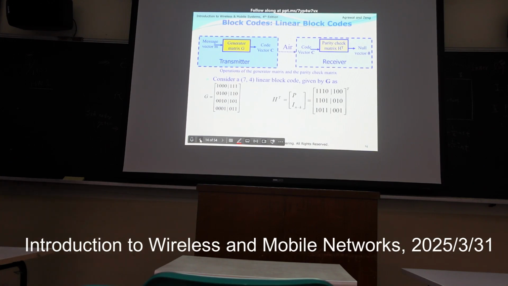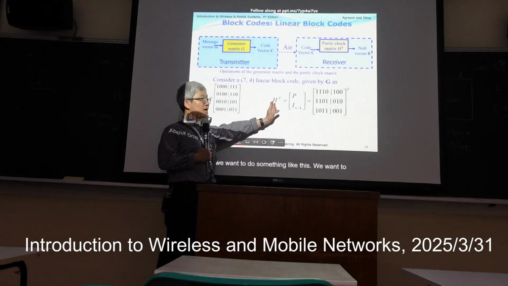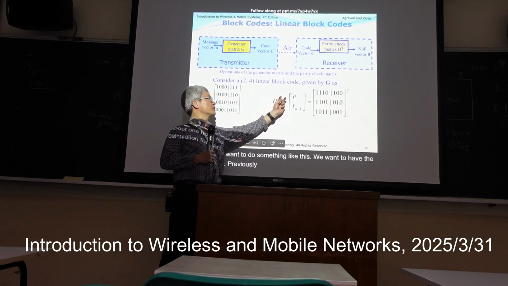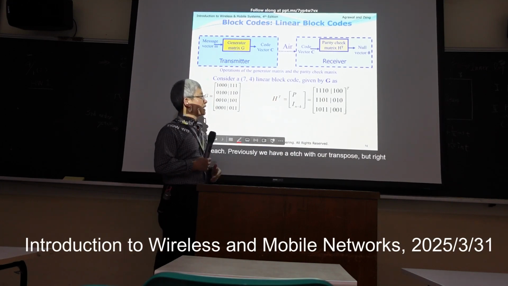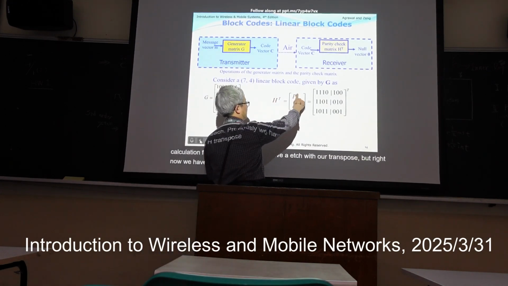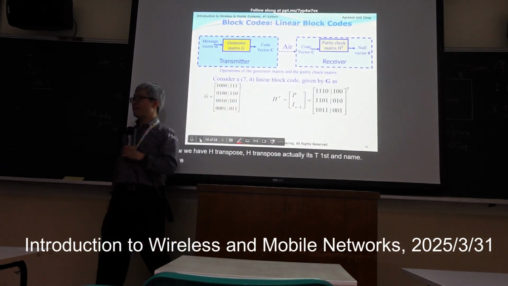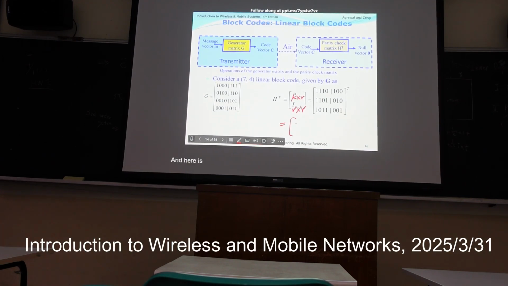But right now we want to do something like this. We want the calculation for H. Previously we have H without transpose, but right now we have H transpose. H transpose actually is P first and then here we have the identity matrix R by R.